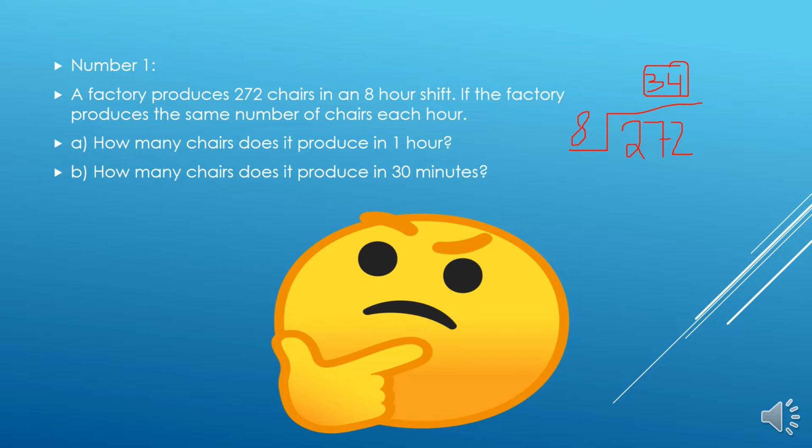Why by 2? Since 30 minutes is half of an hour, I divide 34 by 2 to get the final answer. 34 divided by 2 equals 17.